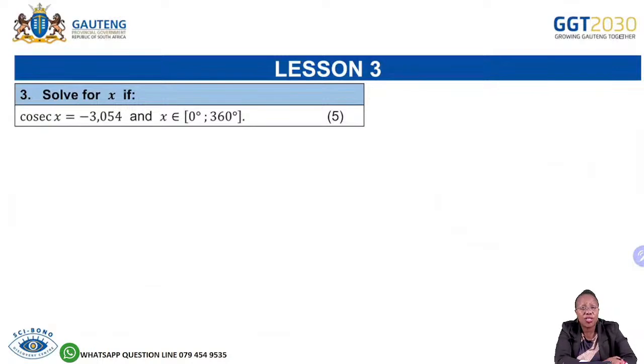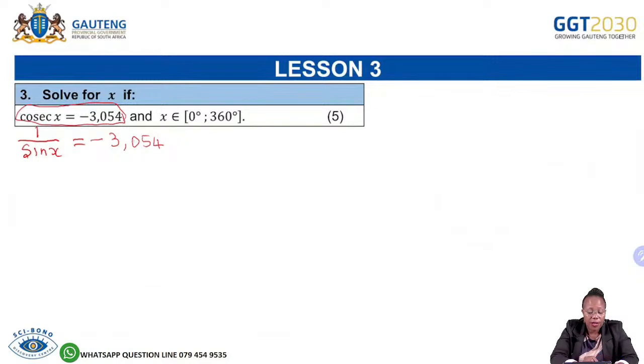Now here we have a cosec. We need to change this to its reciprocal. Do you still remember that cosec goes with what? With sine, in the second quadrant, right? Then it will be 1 over sine x equal to minus 3,054. We are only using that part, correct?